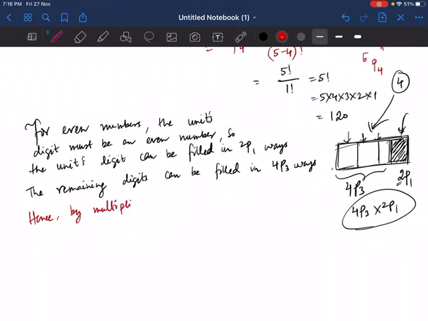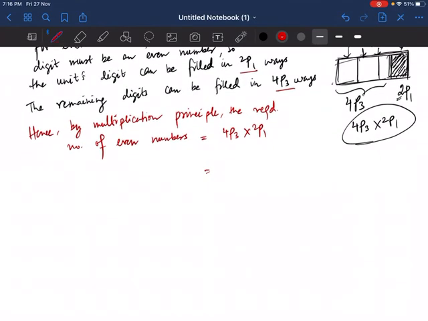there are two events, one is the units digit event and the other is the remaining digits. By the multiplication principle, the required number of even numbers is equal to 4P3 into 2P1, and that is equal to 4 factorial divided by (4 minus 3) factorial into 2 factorial divided by (2 minus 1) factorial.